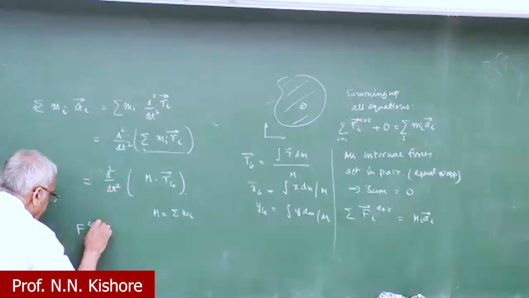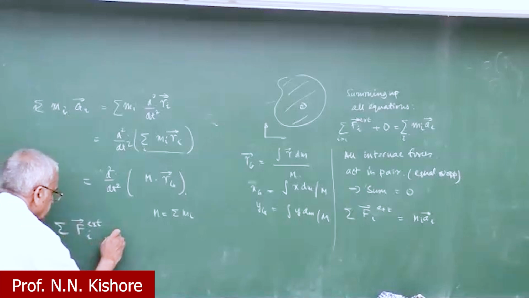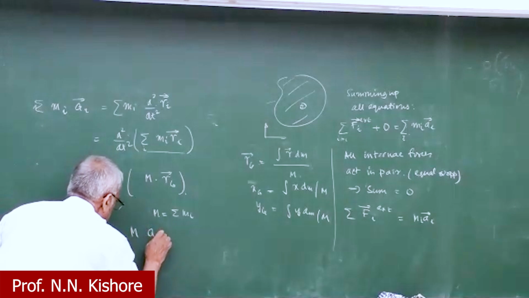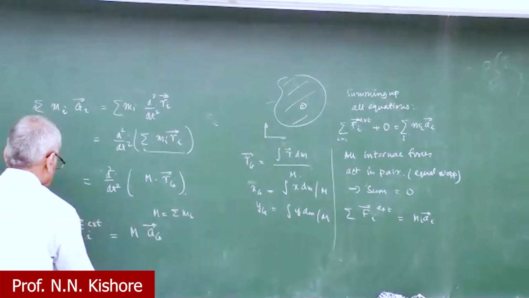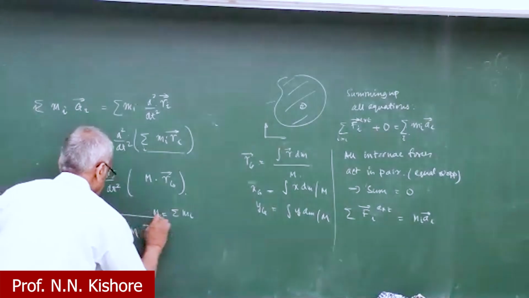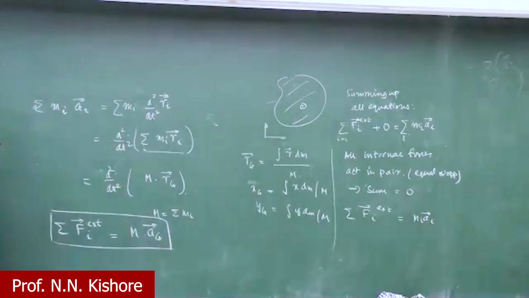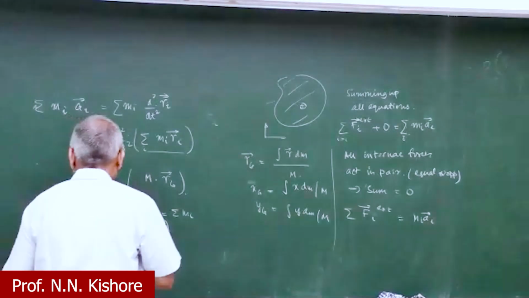So all the mass is concentrated here, and this is G. This is a major simplification, and it gives you the location of G at any time.